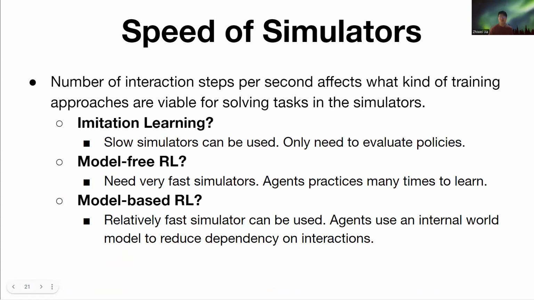You can do model-based reinforcement learning with relatively fast simulators because the agent can use its internal world model to reduce dependency on interactions. But model-free reinforcement learning approaches usually require a very fast simulator, since you're going to need a lot of simulation, a lot of interactions.